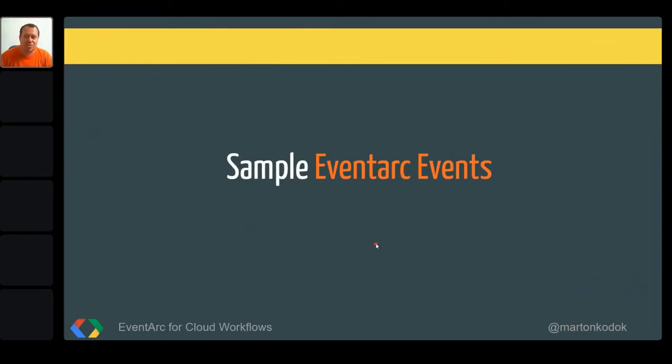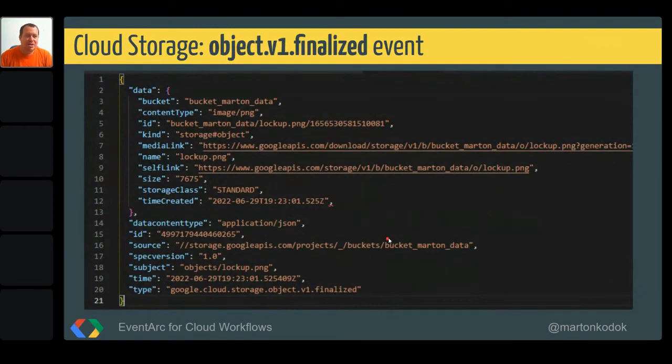And now the most curious part, because we are here to actually see some Eventarc events, and I'm going to show you right now. So this is a minified JSON. So I took out some lines in order to actually leave the essence of an event. And let's see what this event is. This event is for a Cloud Storage event for an uploaded object.